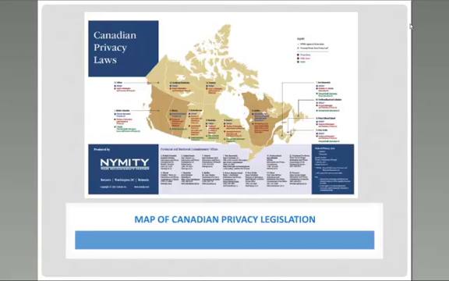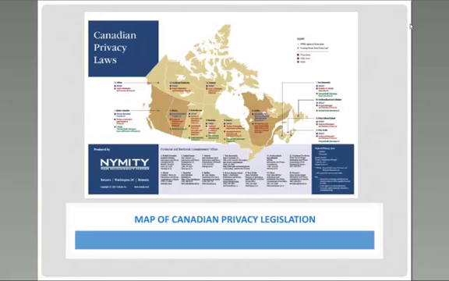And so if you look at the province of Ontario, what I will be focusing on today is PHIPA, legislation applying to health information here. Alberta has the Health Information Act, and as we move out to the West Coast, you'll see in British Columbia there are two pieces of legislation, two laws, that are relevant to research and health information out there.